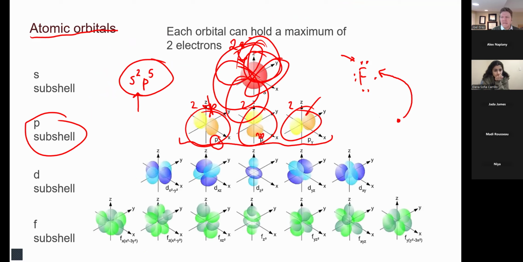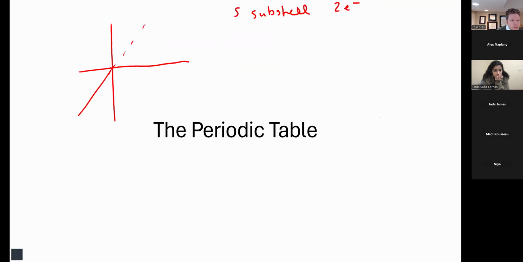We've got the Px subshell. They're not really spheres, but two globes or orbs, almost identically shaped, along the x-axis.